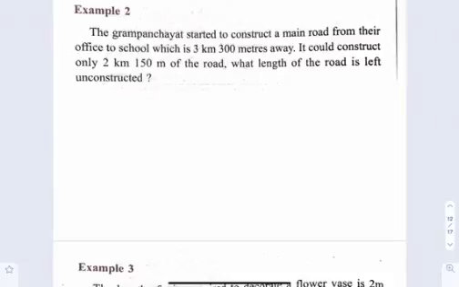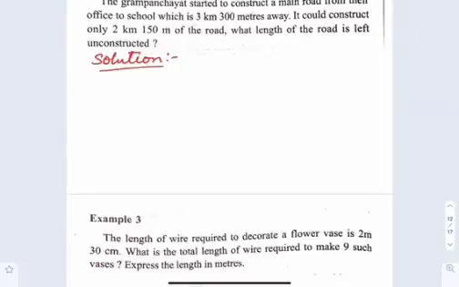Now for the solution. Total length of the road to be constructed. How much is the total length that is to be constructed and how much has been constructed? That you need to subtract from the total length. Then the difference what you find is the leftover unconstructed road. So for this also we have 2 units being mentioned.